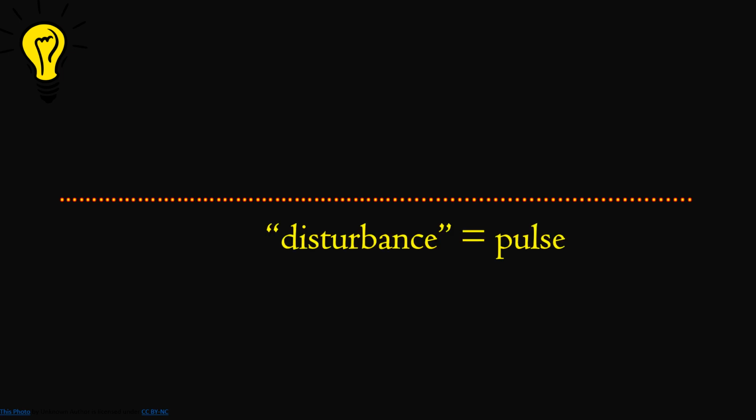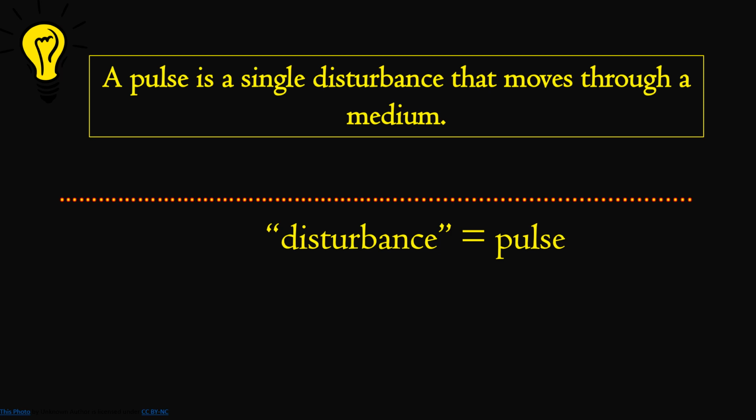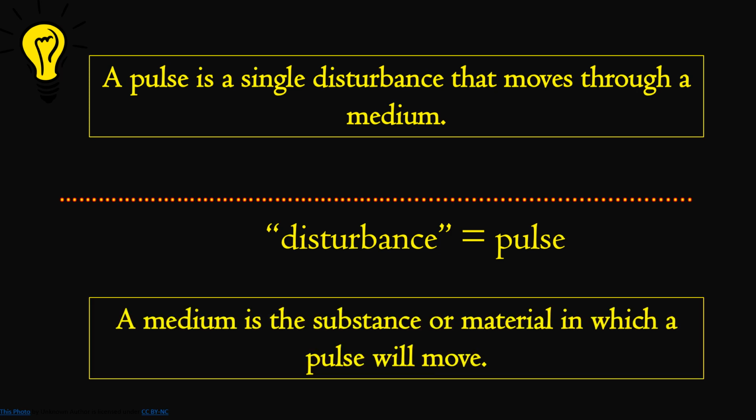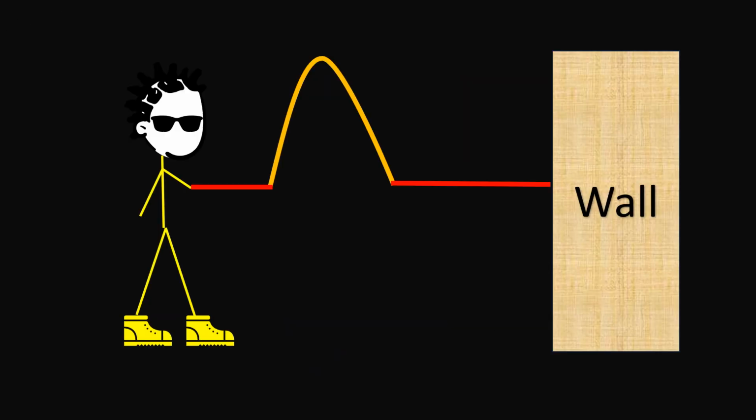A pulse, therefore, is a single disturbance that moves through a medium. A medium, on the other hand, is the substance or material in which the pulse moves. Let us take a closer look at the movement of the pulse.